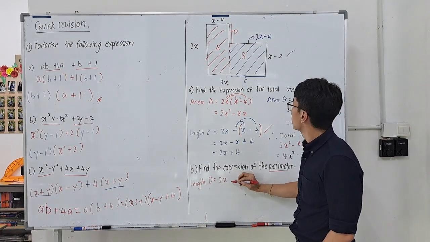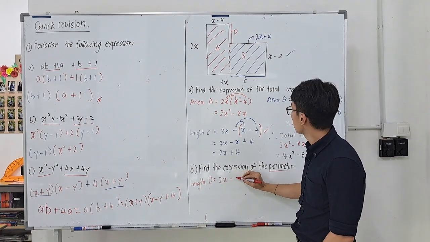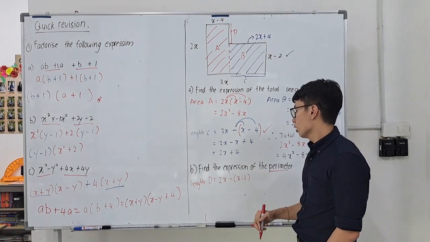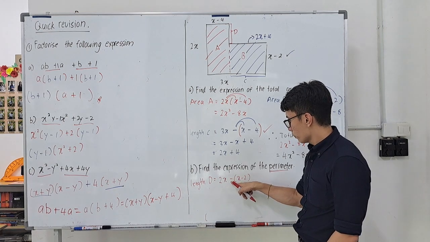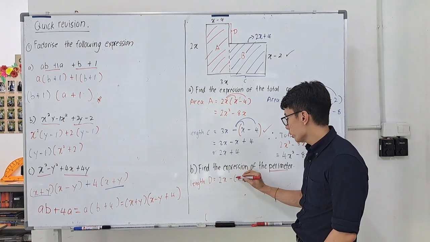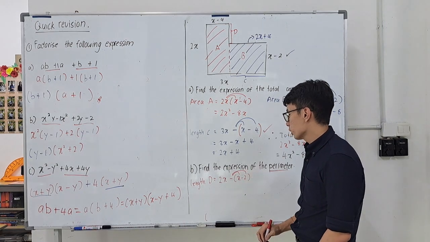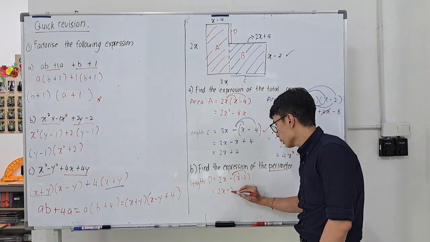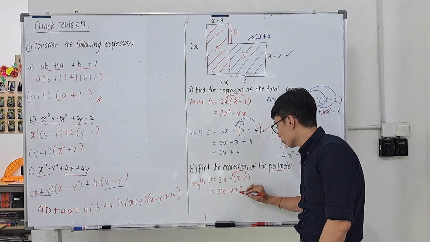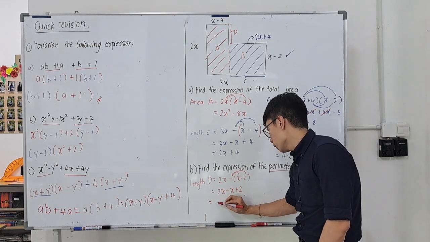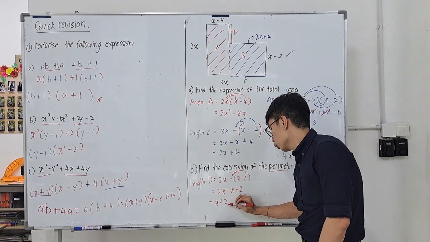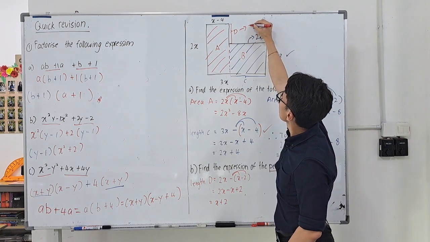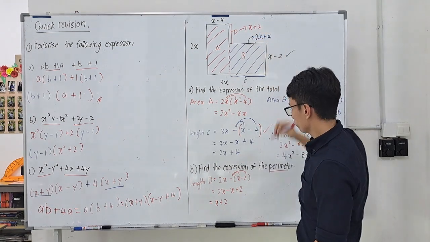I'll get 2x minus bracket x minus 2. Okay, because you see, negative and negative, when you distribute it, that will change the sign. So what do I get here? I will get 2x minus x plus 2, which will give me x plus 2. Alright, so I know for D over here it's x plus 2.